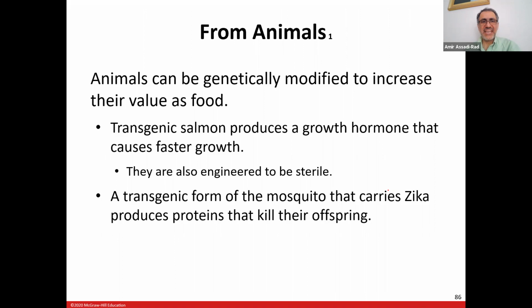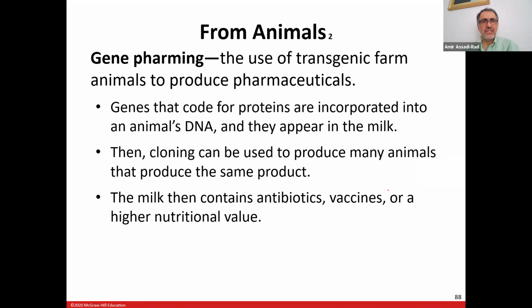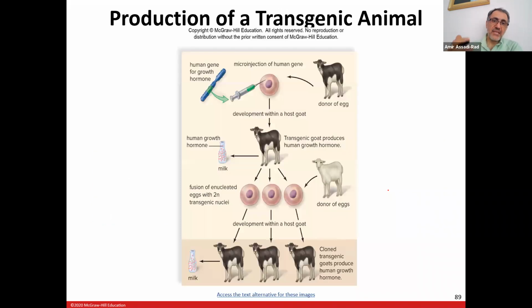From animals, they make animals that produce more wool or other things. Right here, they keep talking about these things. Gene farming, okay, right here. If you want to make human growth hormone, for example, you take the gene. Before they used to do it with bacteria, now they can do it with mammal cells.